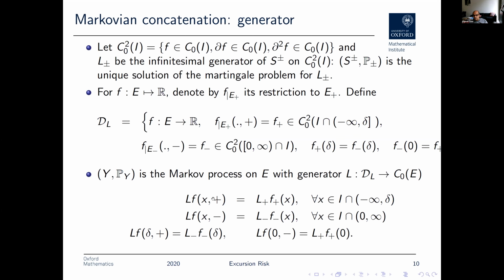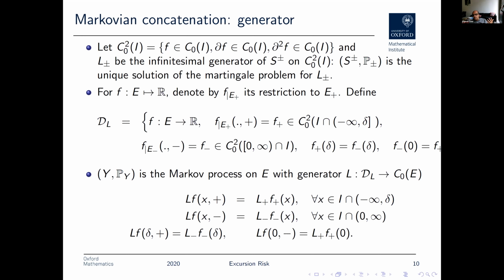While I am in the plus phase, it behaves according to the generator L plus. While I am in the minus phase, I'm on the left, it behaves according to L minus. And then I have these junction conditions. It says that when I'm at the boundary, the value on the left is equal to the value on the right, and so on. That's it.